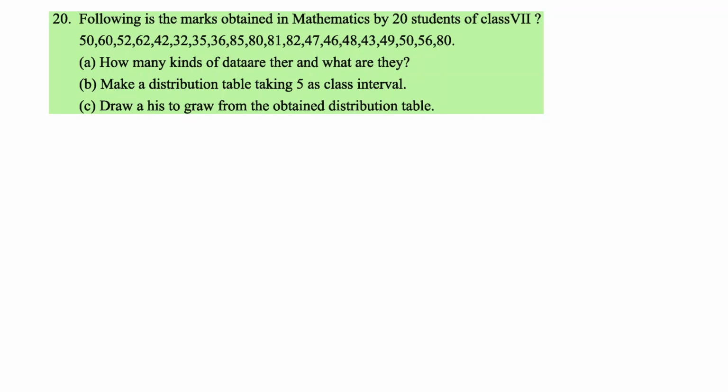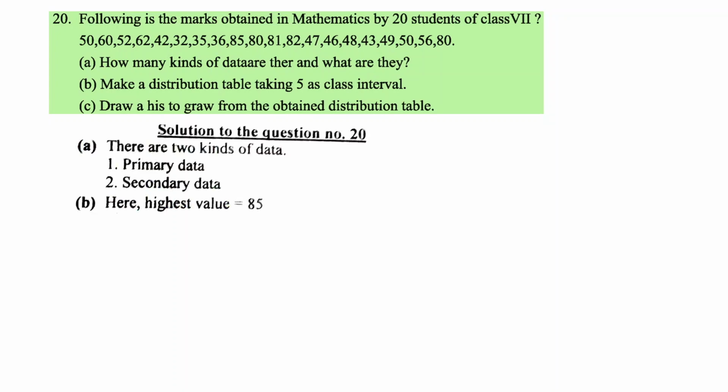Make a frequency distribution table taking 5 as class interval. Draw a histogram from the obtained distribution table. So this creative question covered all the lessons and all the topics. Solution. Question A. There are two kinds of data, that is primary data and secondary data.